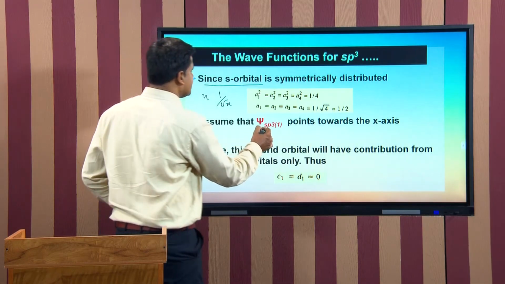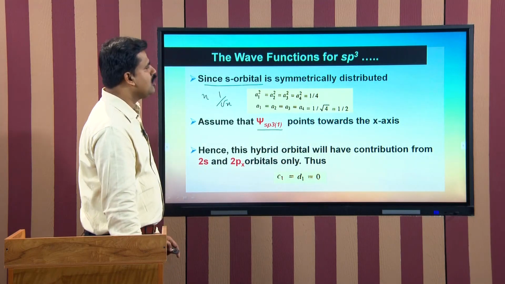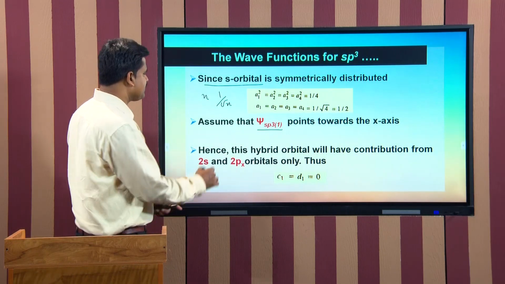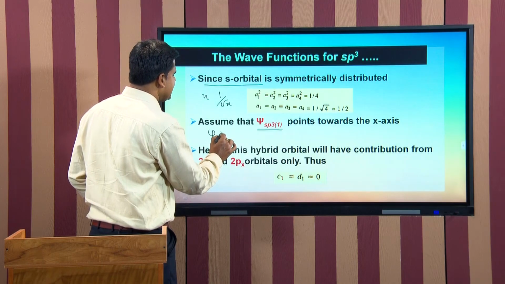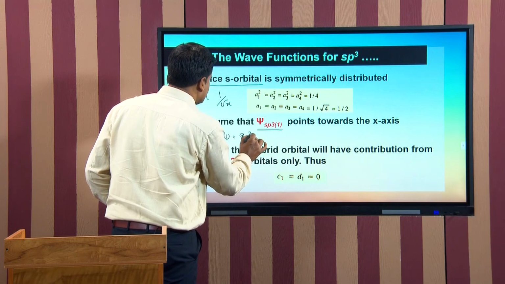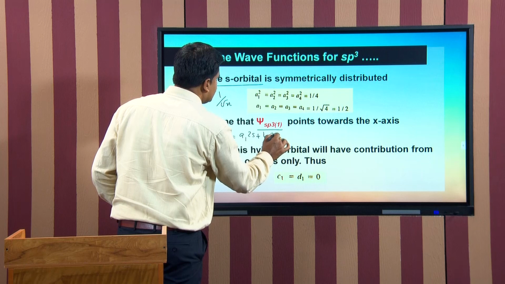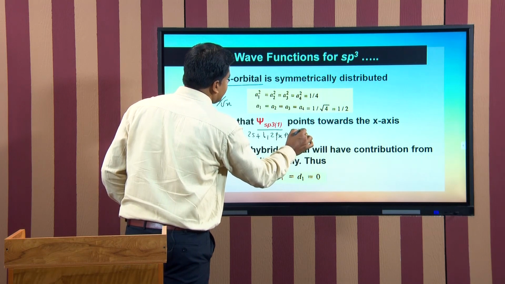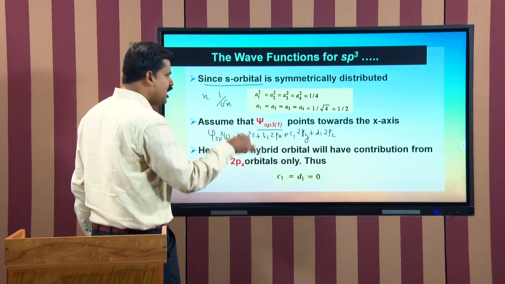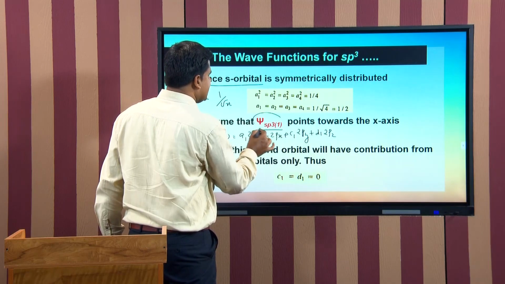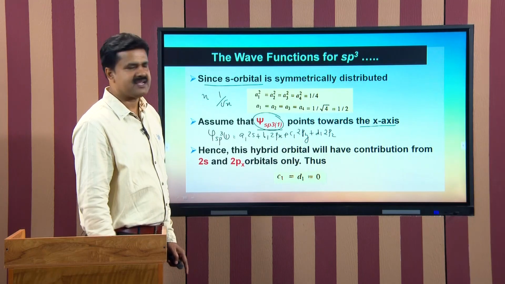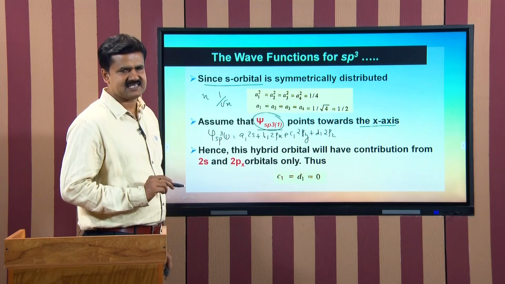Now, assume that psi sp3 1 points towards the x-axis. We know psi sp3 1 equals A1 2s plus B1 2px plus C1 2py plus D1 2pz. And now we are taking the assumption that psi sp3 1 points towards the x-axis. What happens if psi sp3 1 is pointed towards the x-axis?